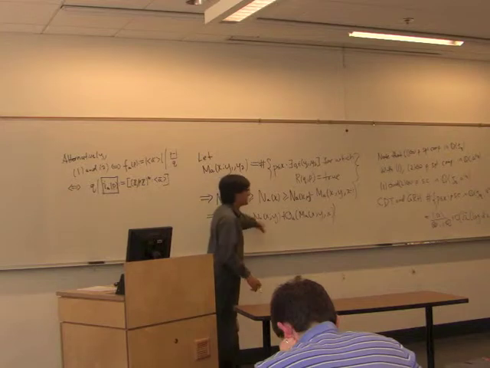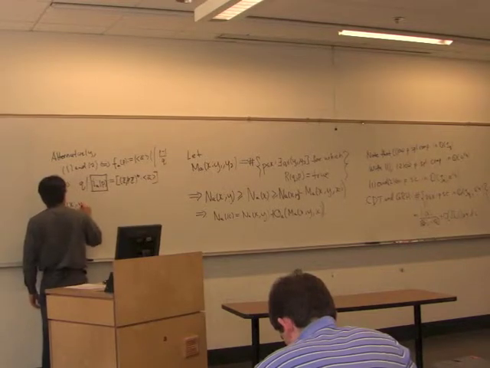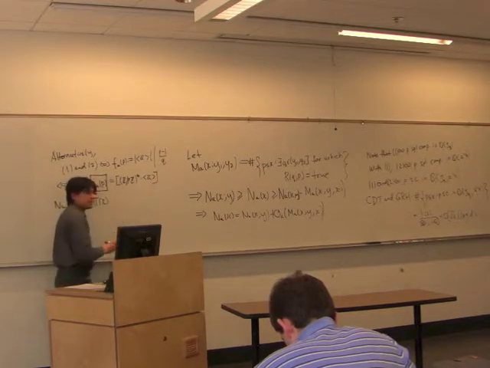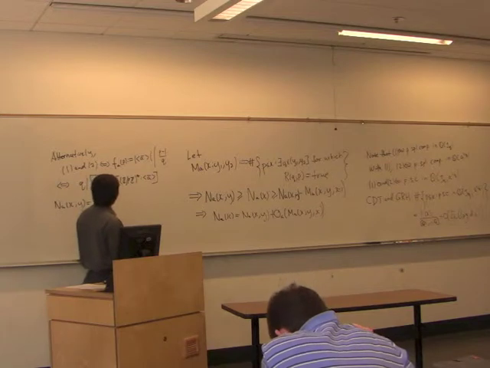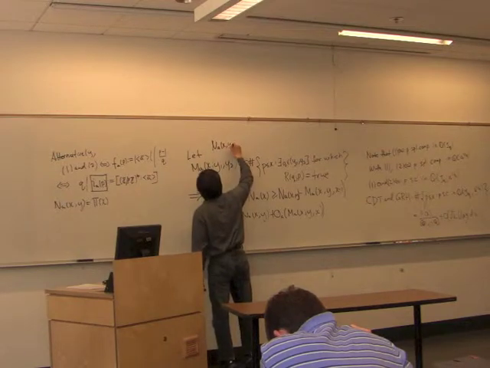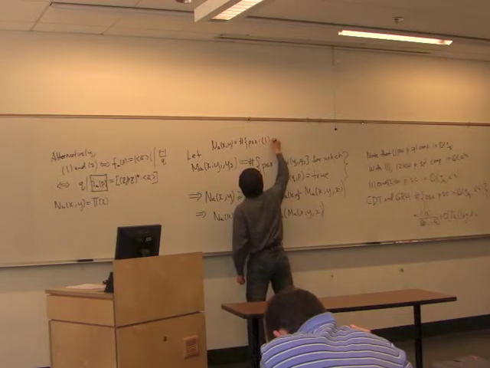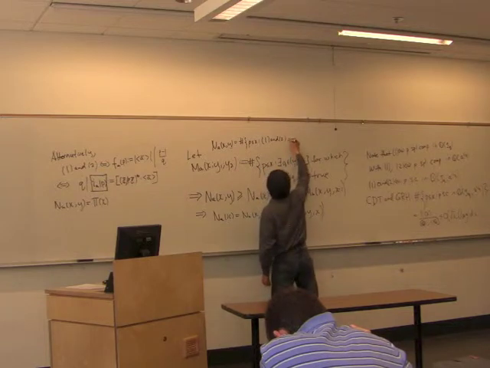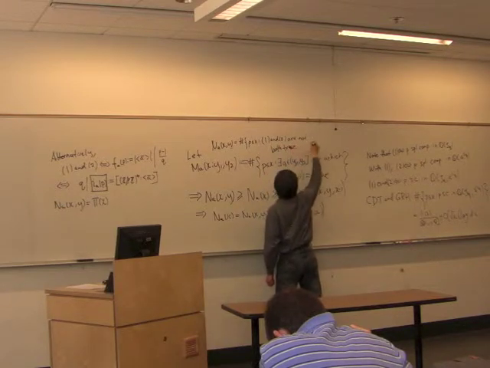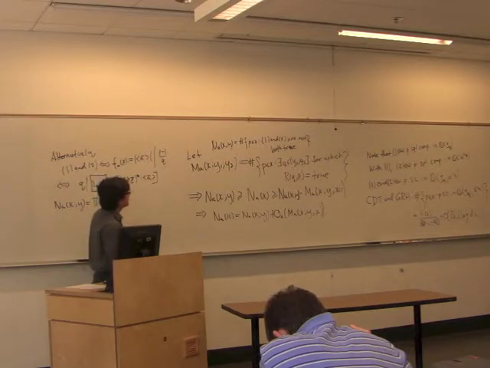So let's tackle this term right here. All right. So N_{A,X,Y}. So the first thing I do is I'm going to throw in all the primes up to X. That's clearly too many. Now I want to throw out the primes. So what am I trying to count? So I've thrown in all the primes. That's too many.